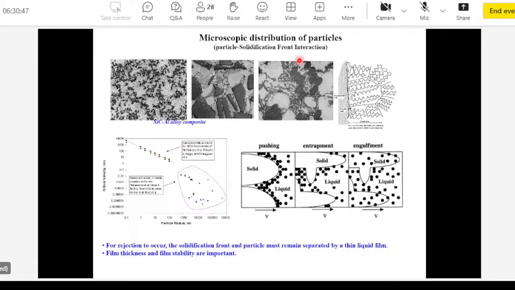Ideally, you want particles to be engulfed inside the dendrite. And that can happen, but you need very, very high velocities for engulfment of particles by metal dendrites. So very often we cannot engulf the particles, but we can at least get this kind of a distribution of particles or fibers.